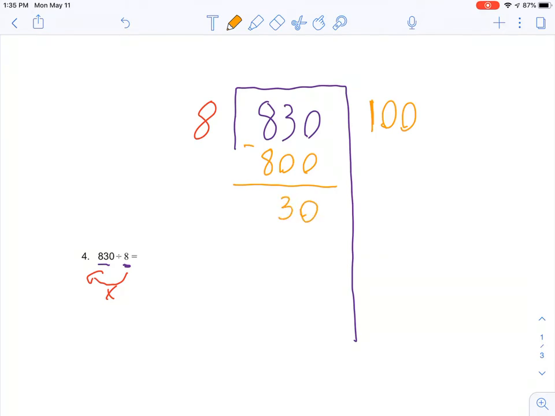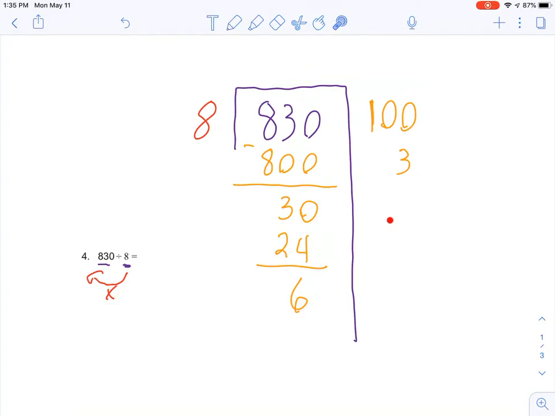Okay, perfect. Now, what's another number times 8 that will get us close to 30? Excellent, 3. So 3 times 8 is 24, and 30 minus 24 is 6. Looks like we have a problem here, and what is that?